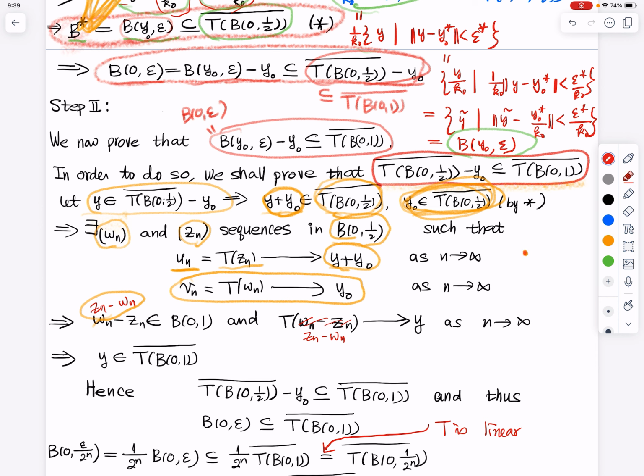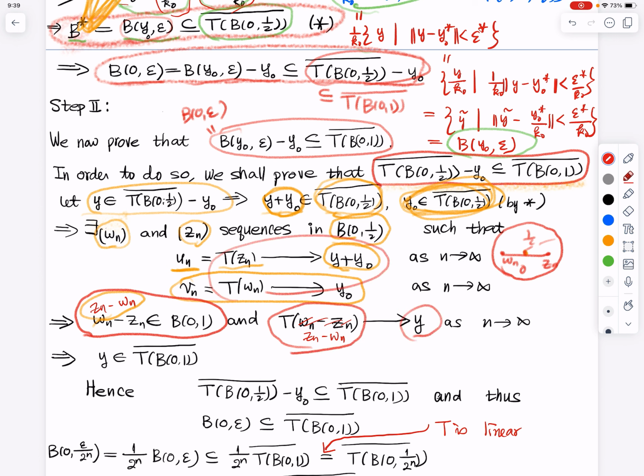So you have a ball centered at 0 with radius 1/2. wn is here, zn is here, and the distance between these two is less than 1. So then zn minus wn belongs to B(0,1), and T(zn minus wn) converges to y.